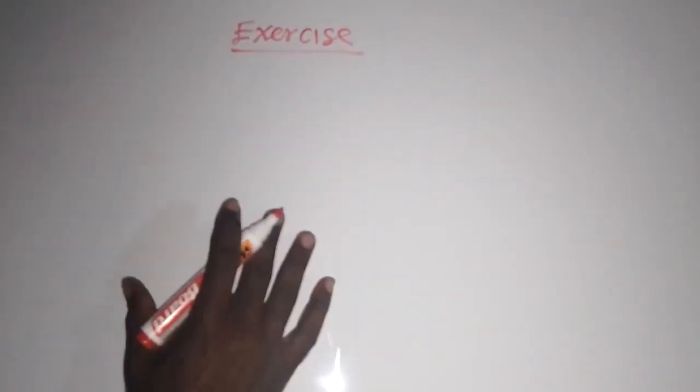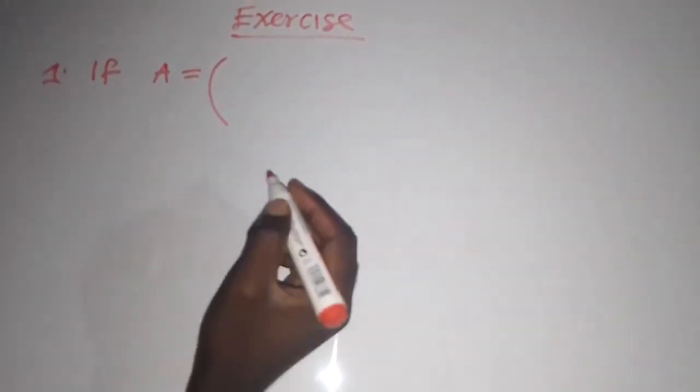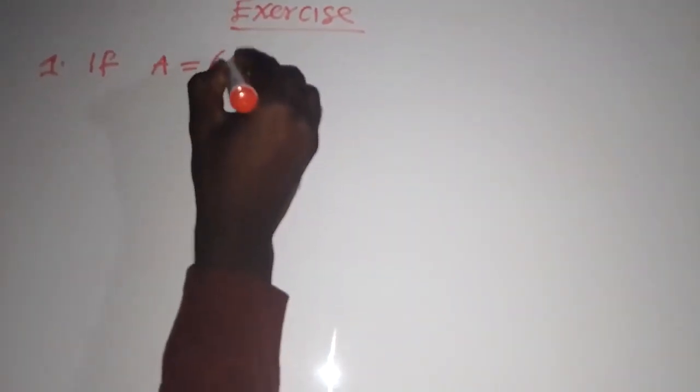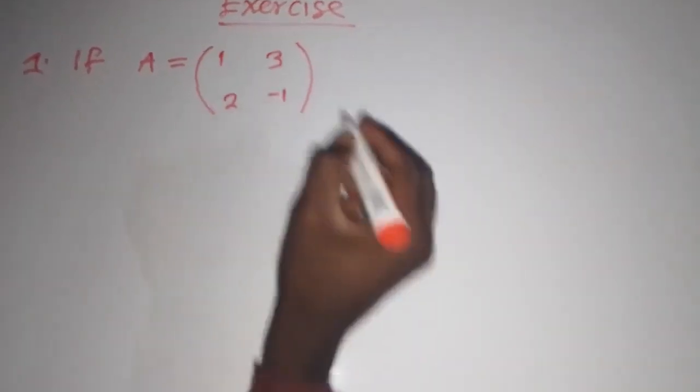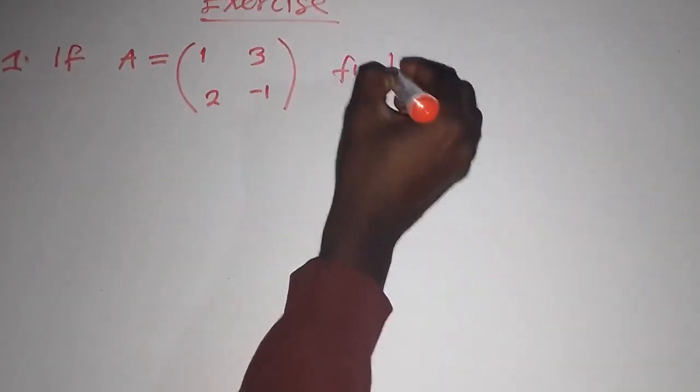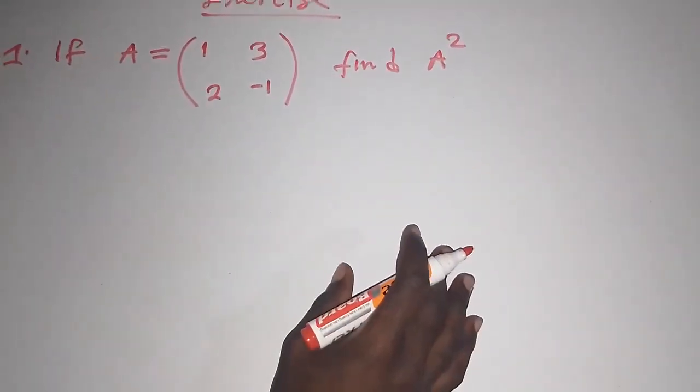The first question that I'm going to give you: if A is equal to 1, 2, 3, negative 1, find A squared.